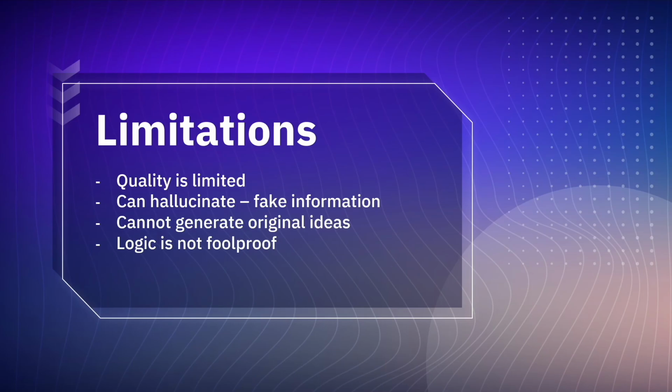Another point is that AI can hallucinate. Sometimes it gives out fake information that doesn't exist in the world. Now, this point has been minimized. This problem has been dealt with by many of the AI models, so that shouldn't be much of a problem in the near future. Third point is it cannot generate original ideas. Now, you should know this from now.